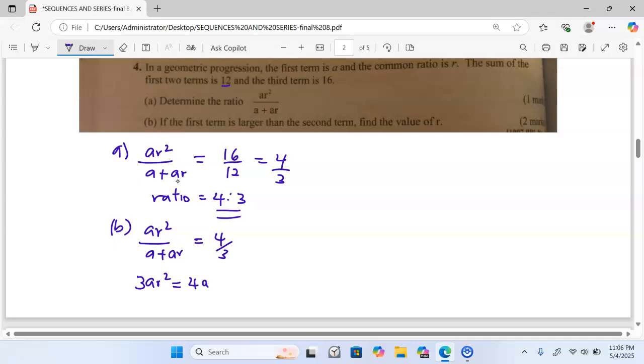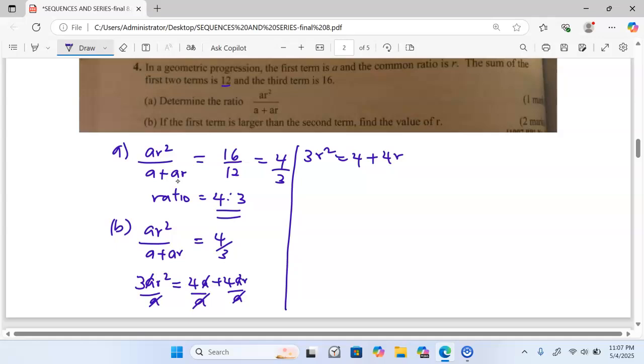Then 4 times ar, you get 4ar. From there now we can divide all through by a, such that a and a will cancel. We remain with 3r squared being equal to 4 plus 4r.